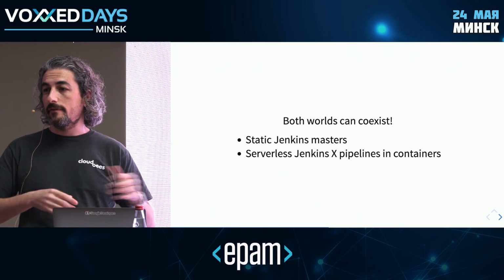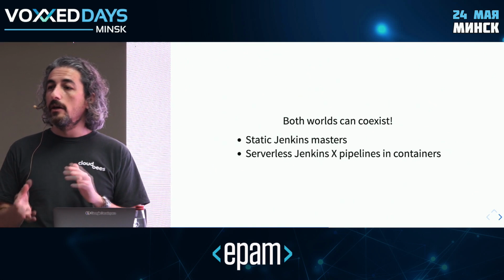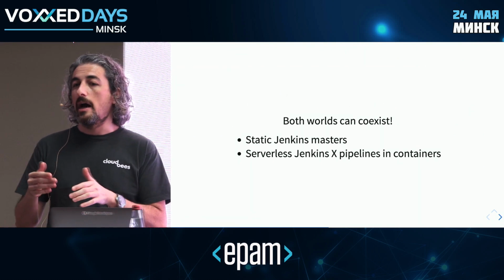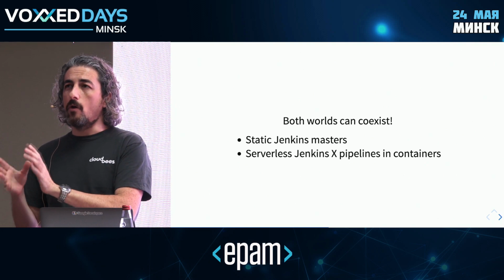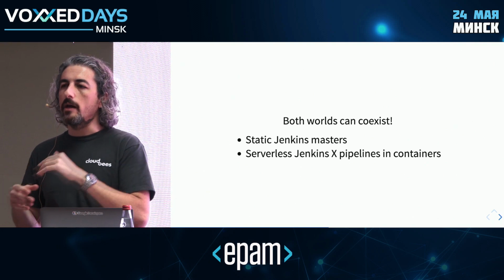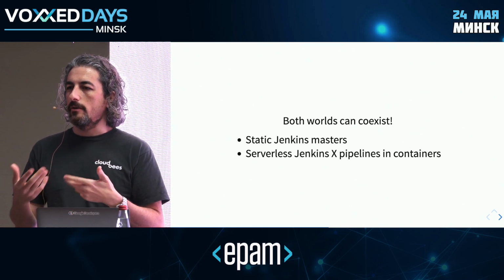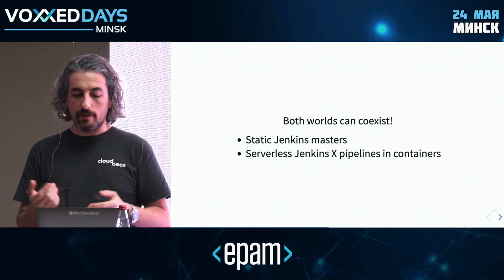But if you already have Jenkinsfiles and plugins and things like that, you can also use the classic Jenkins inside Jenkins X, and you can continue to do everything you did, but in a more modern and better way, utilizing more resources and making sure your things are optimized, and also using all the Kubernetes APIs and benefits.